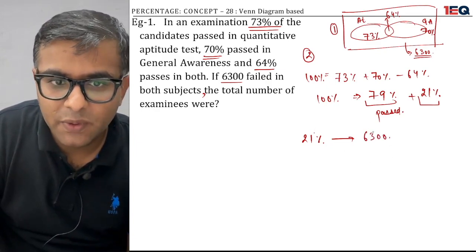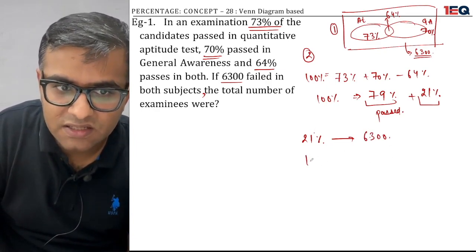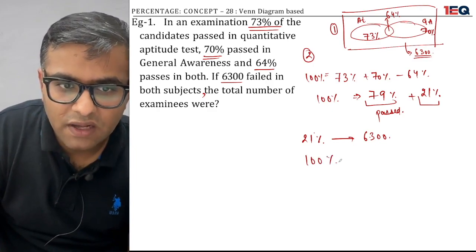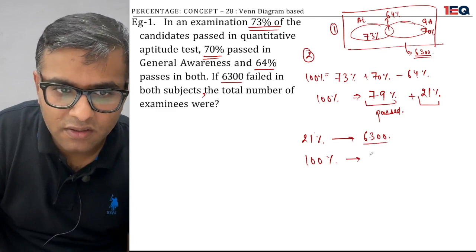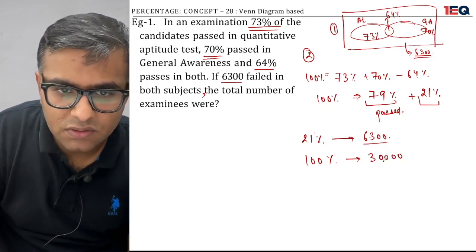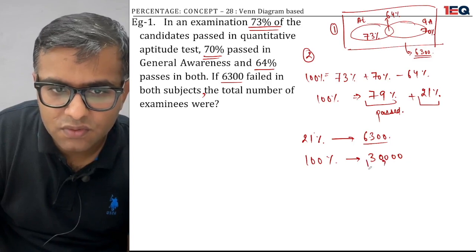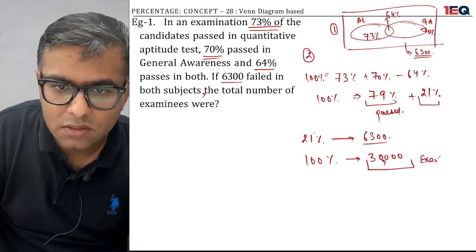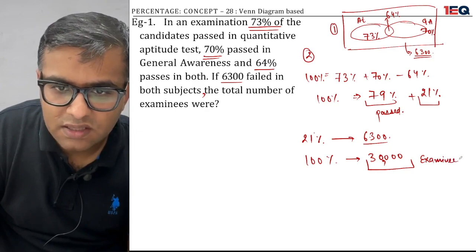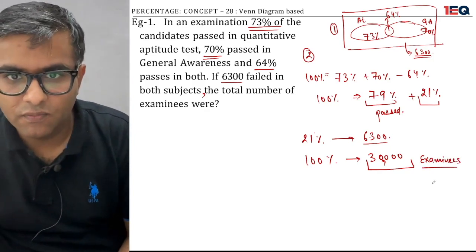If the value of 21 is 63, that means 3 is being multiplied. So the value of 100 would also be a multiplication of 3, not 3 but rather 300, so 300 with another two zeros. This gives the total number of students who are the examinees, or who are sitting to take the examination.